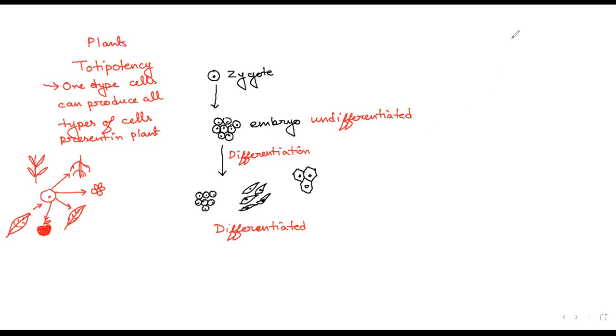In case of animals, we are unipotent. Unipotent means one type of cell can produce that type of cell only.